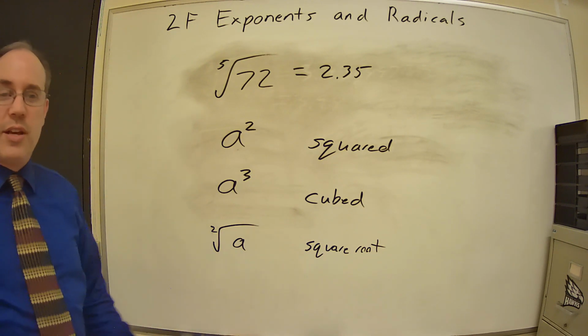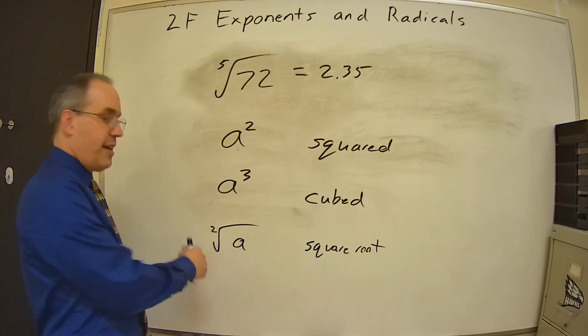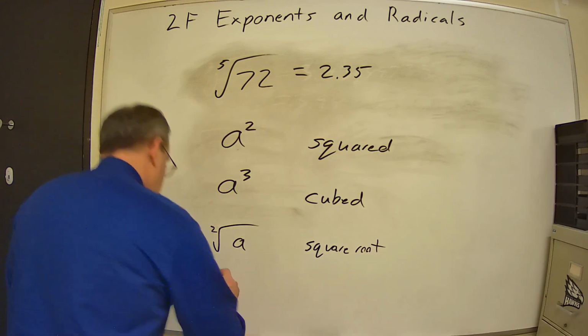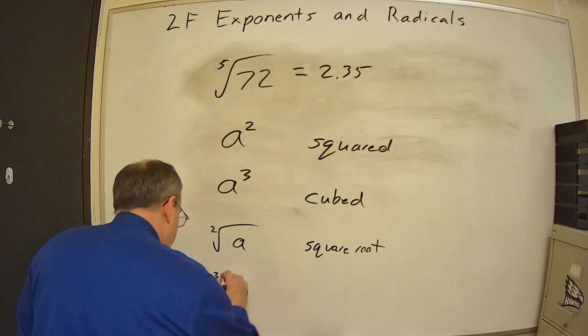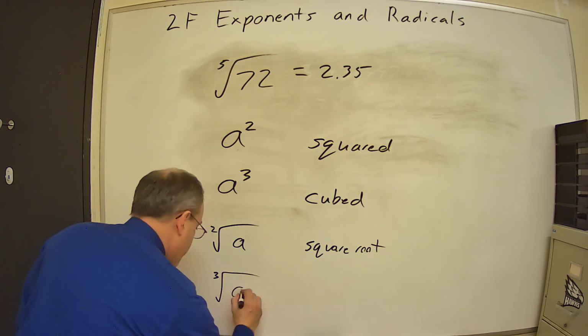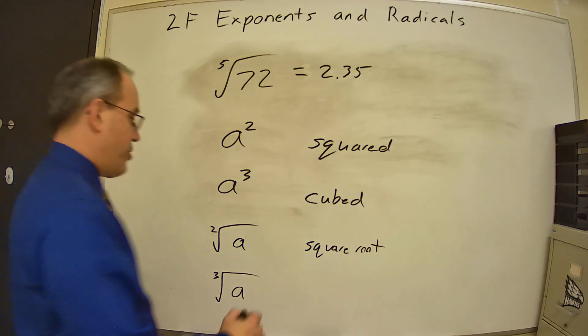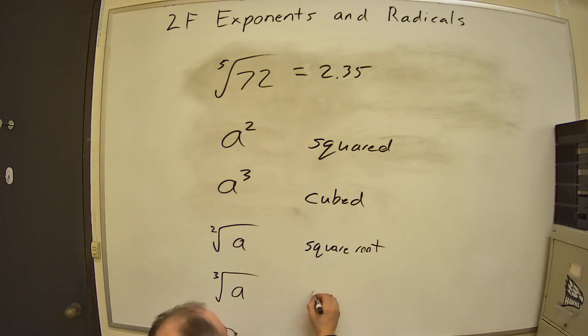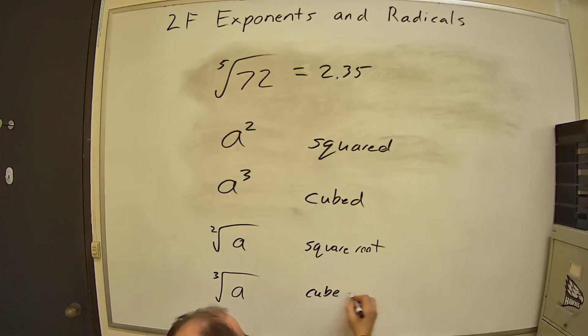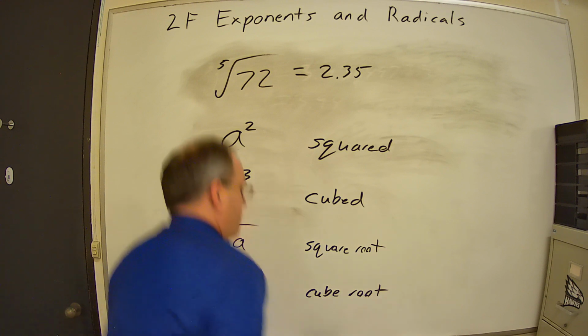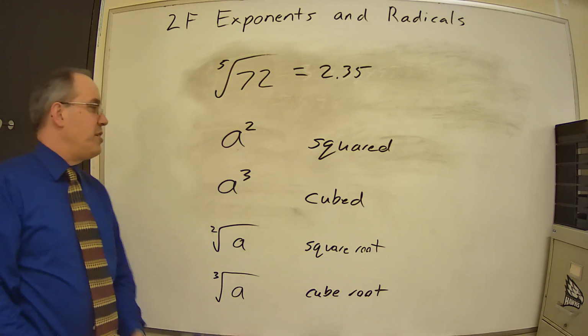We don't write that in because it's assumed if we don't have an index that the index is 2. And if you have the third root of a, we refer to that as the cubed root. The cubed root. So just some special terms.